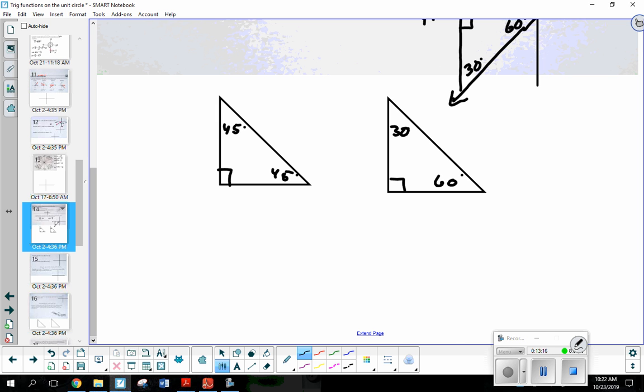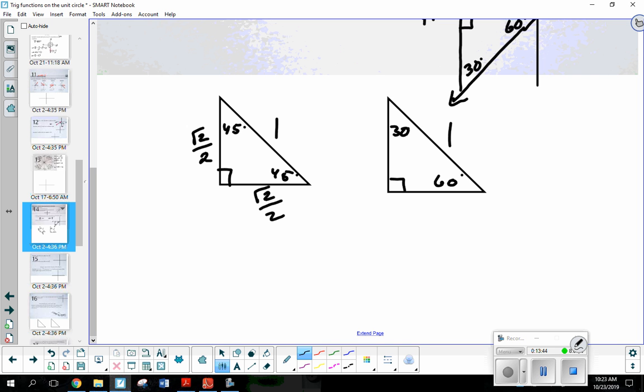Now, the hypotenuse of these triangles is the radius of the circle. So we know that's 1 because we're dealing with the unit circle. But does anybody remember, given a radius of 1, what are the identical leg lengths for the 45, 45, 90? Square root of 2 divided by 2. Okay.